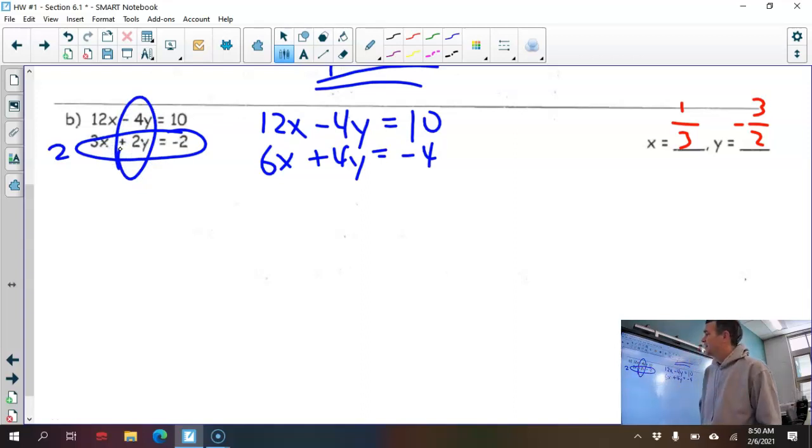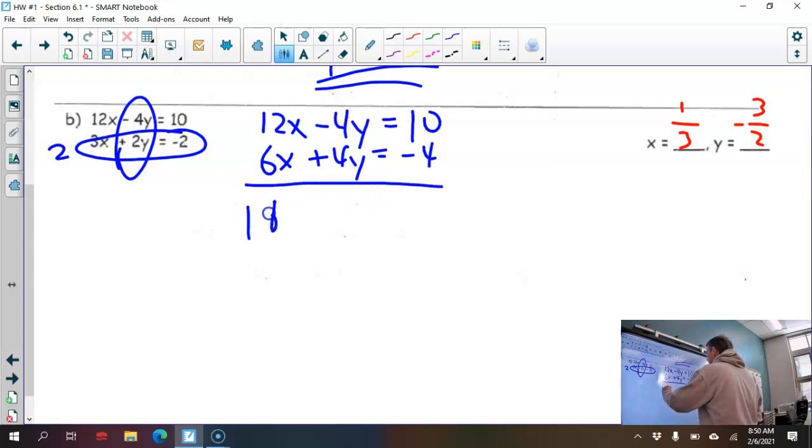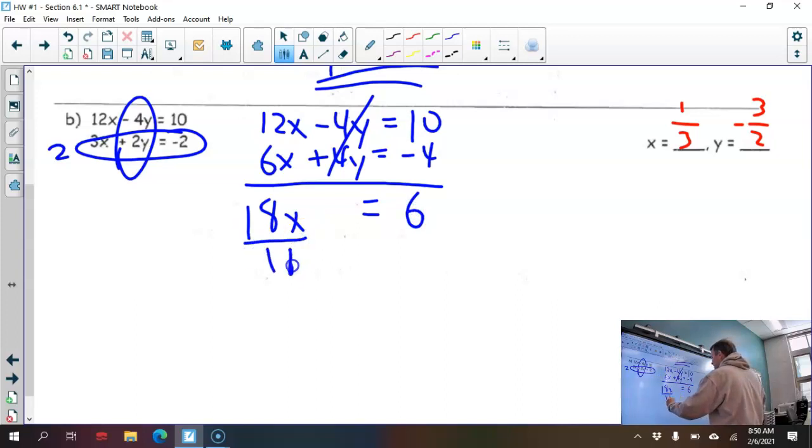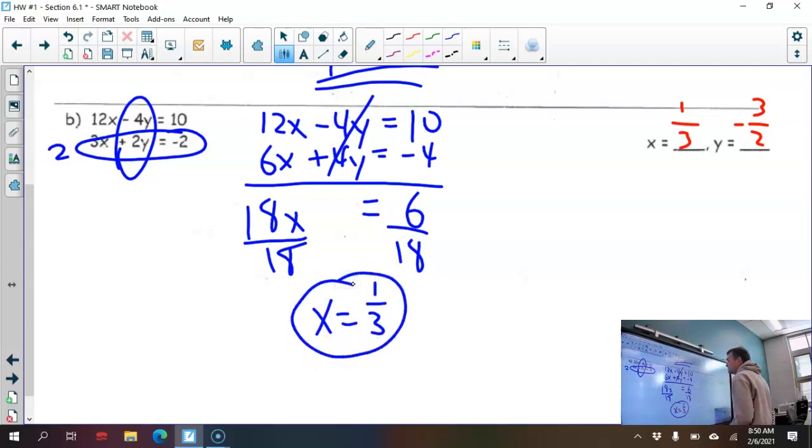And I recognized that if I multiplied the second one by 2, I would have a -4 and a +4. So I made my opposites. And now I can add these together and get 18x. Those go away, and that's 6. And if I divide both sides by 18, I get x equals 1/3.